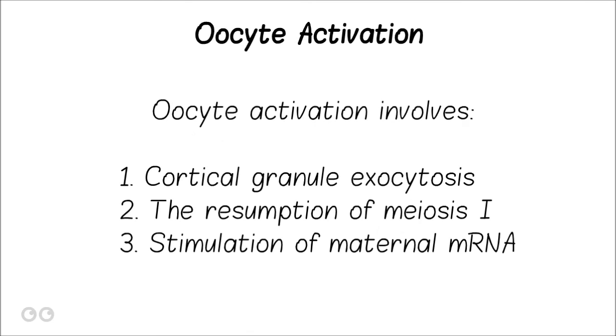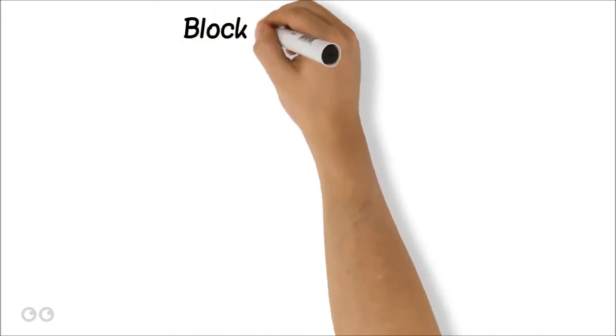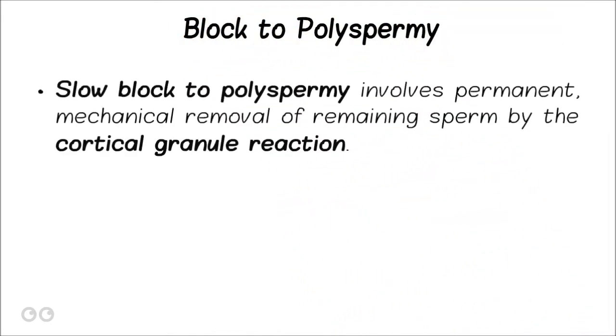Oocyte activation involves 1. Cortical granule exocytosis, 2. The resumption of meiosis I, and 3. Stimulation of maternal mRNA. A slow block to polyspermy involves the permanent mechanical removal of the remaining sperm attached to the zona pellucida, accomplished by the cortical granule reaction.